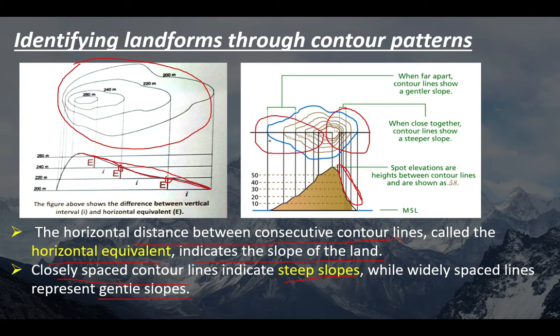Here there are broad, widely spaced contour lines, and this side has very closely spaced contour lines. Why does this happen? Because this is just like a mountain. Uniformly spaced lines depict uniform slopes. So if the space between two consecutive lines is the same, then that is called a uniform slope.